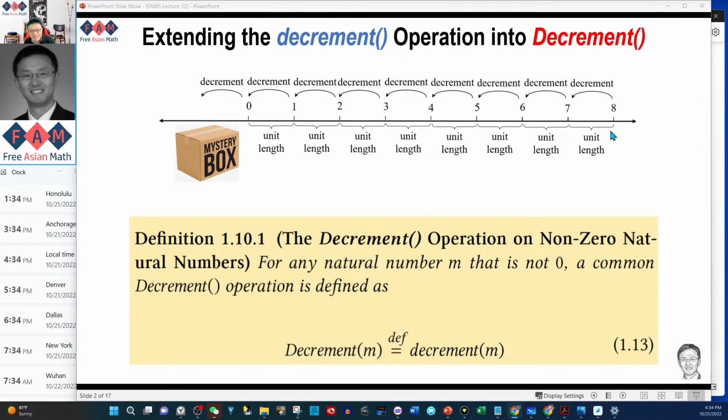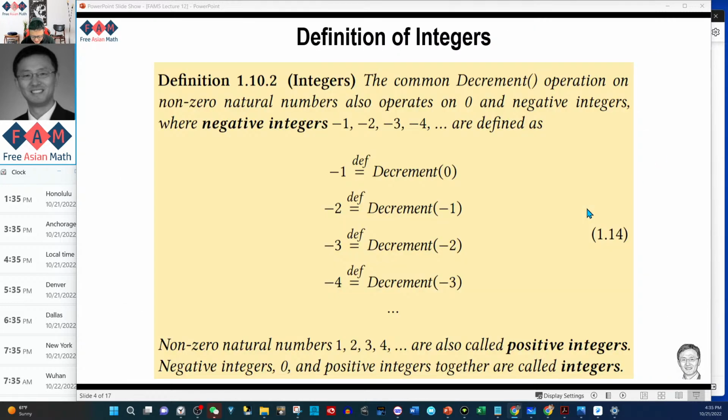So we use this capital D decrement operation on 0, then recursively generate more numbers. And we call those numbers negative numbers.